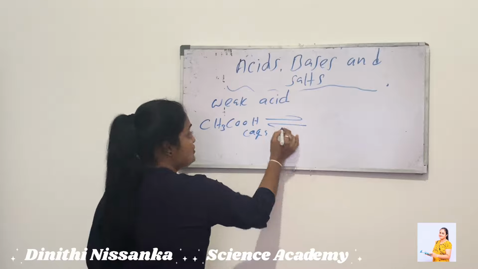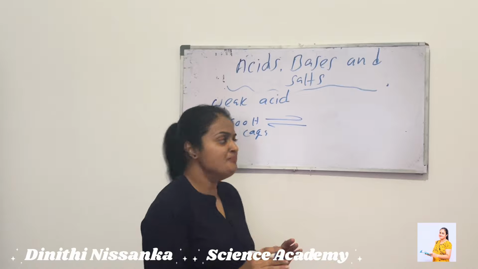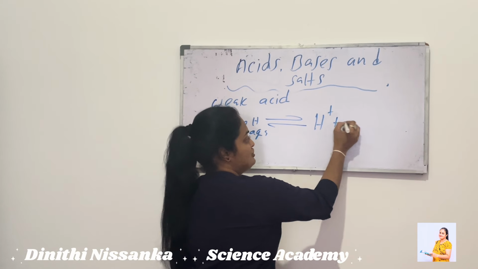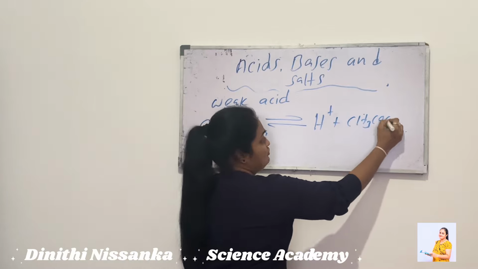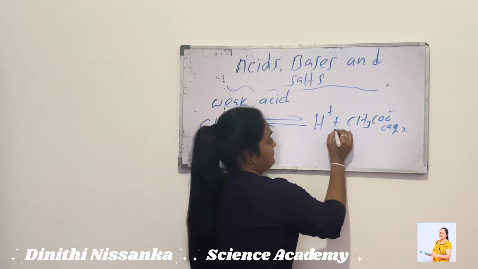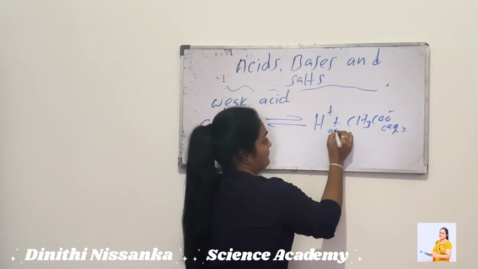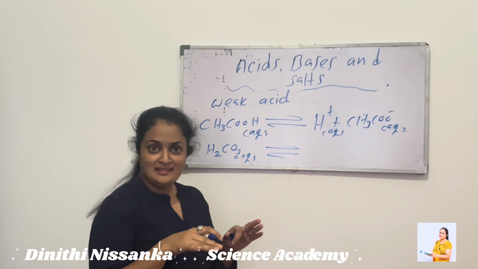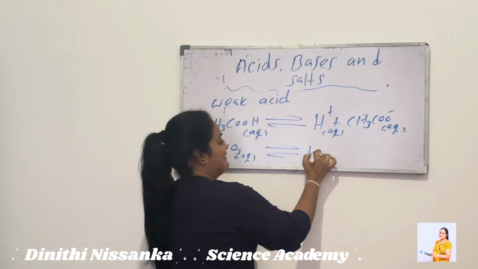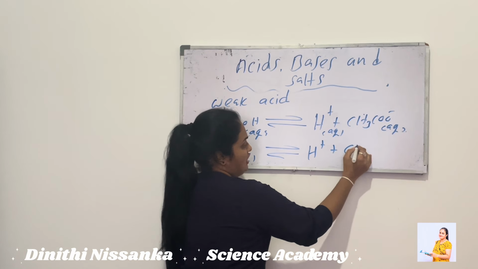This is partially ionized in the aqueous medium and releases hydrogen ion and the corresponding negative ion. The other example is carbonic acid, H2CO3. This one also partially ionizes in the aqueous medium and releases H plus ion.